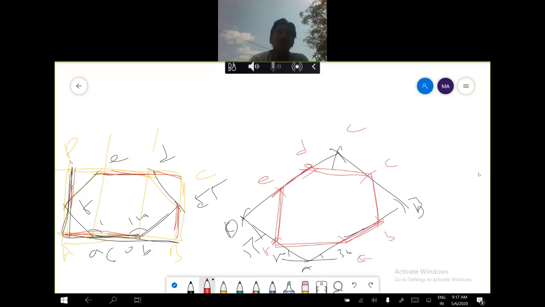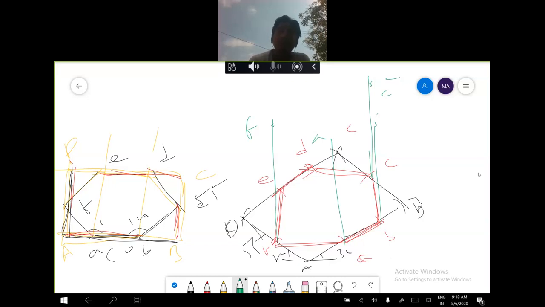After that, the given height is 80 mm. So I am taking 80 mm from F, 80 mm from A, and 80 mm from B, then 80 mm from C. This one is this side.